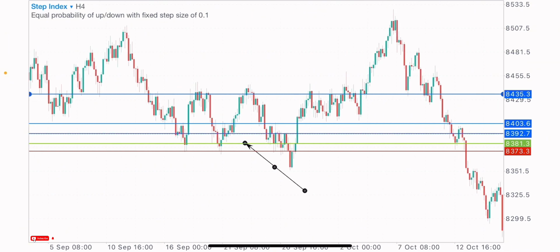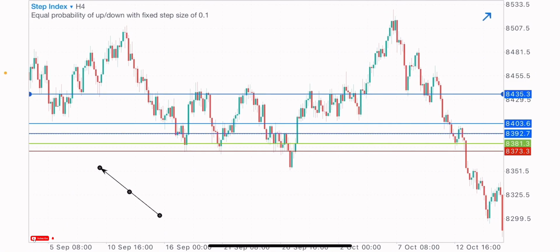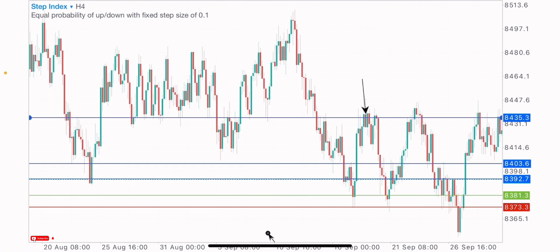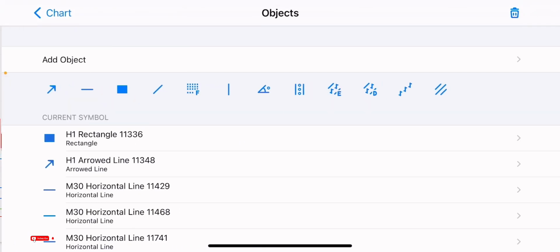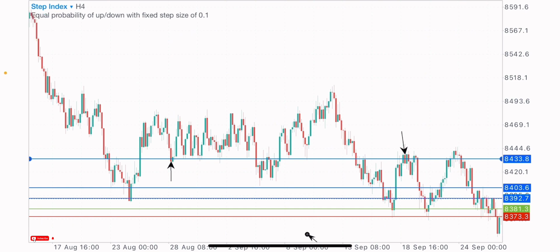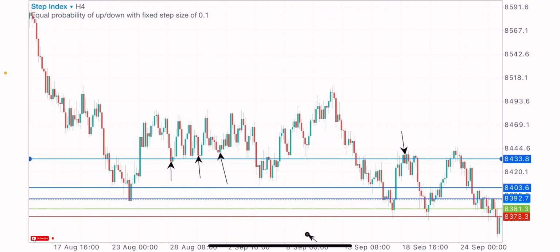You can see that we got first reaction on this level as a resistance. Let's identify it here. Resistance here. I don't think that's the first reaction. We got reaction on this level basically as a support. Firstly on this level as a support here, right? Support on this level as well. Multiple market reactions on this level as a support.